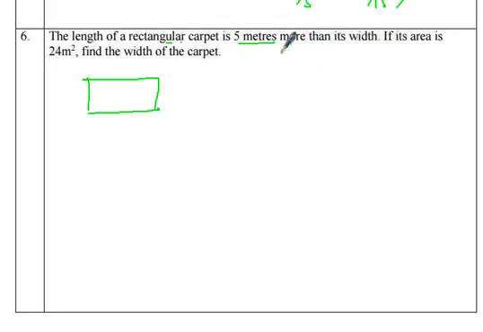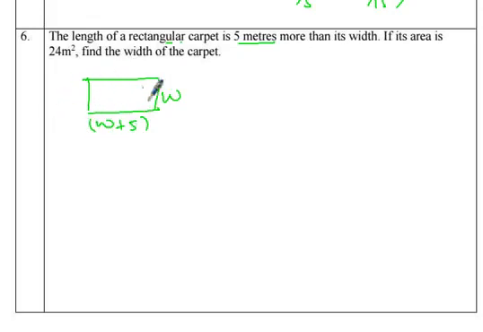If its area is 24 meters squared, find the width of the carpet. So we are being told that if we have a certain width, let us call it W, then the length is 5 more. So that means we have W plus 5, 5 meters more than the width. I hope this illustration here makes sense.